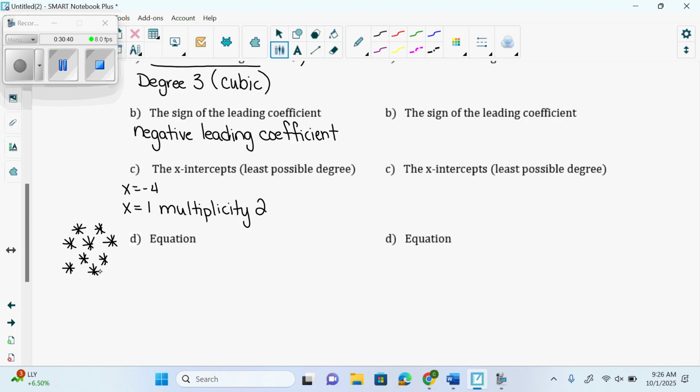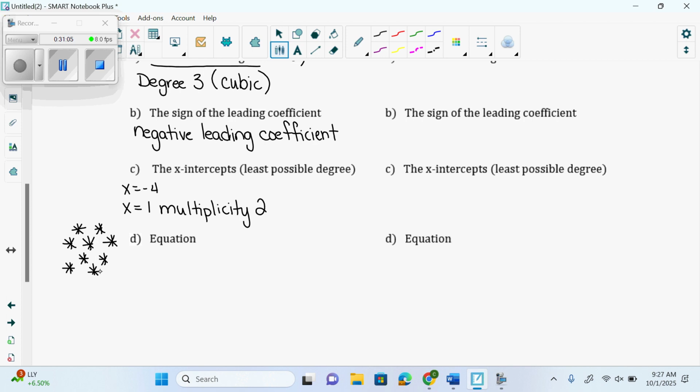Correct? So what we did in the last few days is we worked from standard form to factored form to set equal to 0, get my x-intercepts. How would we get the equation of the graph? Take my x-intercepts, work back to factors, go back to factored form, get my y equals. Yes? Okay, so let's talk about that.